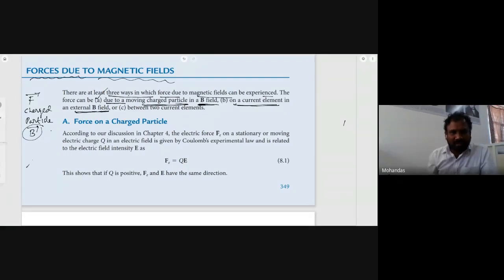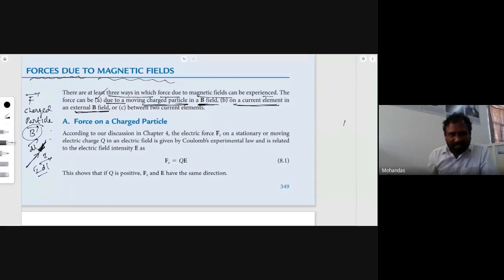Suppose you take a conductor like this which carries a current I, and I take a differential length dL here. What can I say here? What is I dL? It is a differential current element.